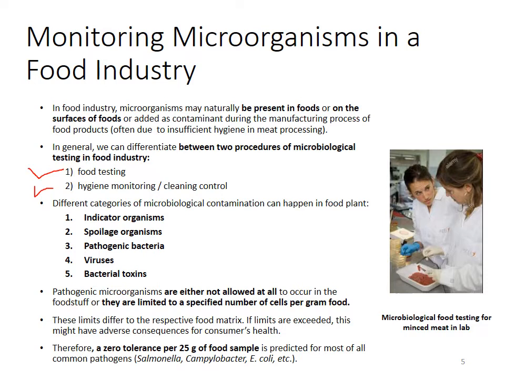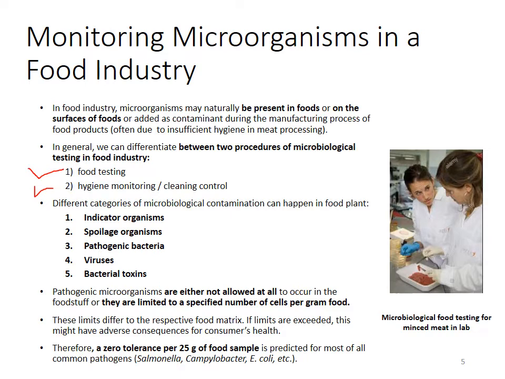Our concern is actually the pathogenic microorganisms. These are either not allowed at all in the foodstuff, or they are limited to a specified number of cells per gram of food, meaning they have a limit in their population. These limits are different for different food products. Nevertheless, the most important thing to remember is that if the limits are exceeded, the production of the food can bring adverse consequences for the consumer's health.